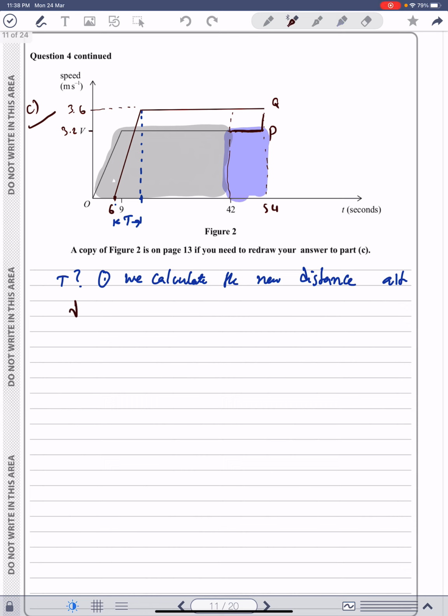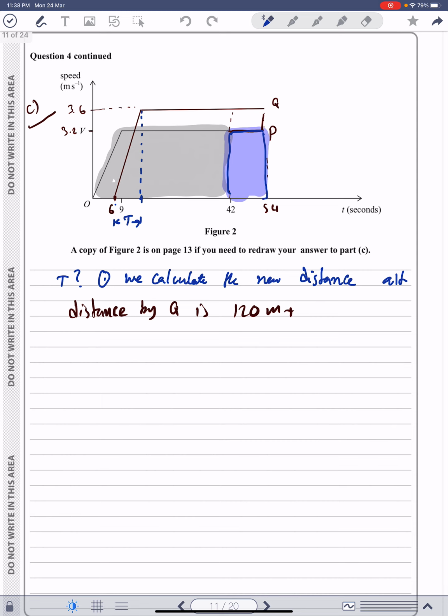The distance now travelled by both, or by Q, which is by both since they catch up, is 120 meters plus the new part of motion, which is this rectangle here.